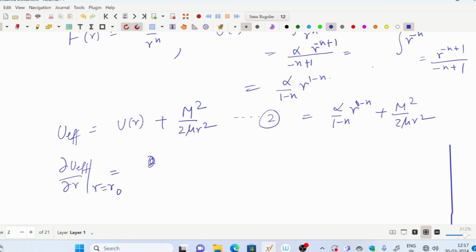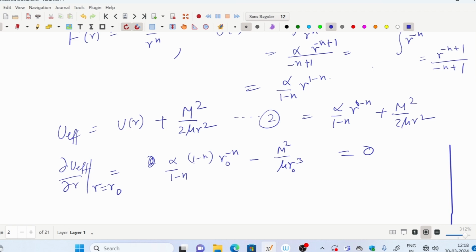If I differentiate, I will get alpha over 1 minus n times r to the power 1 minus n, so 1 minus n minus 1, giving r to the power minus n. This is the differentiation of the first term, so r0, minus M squared over mu r0 cubed, and that has to be 0 for an extremum.